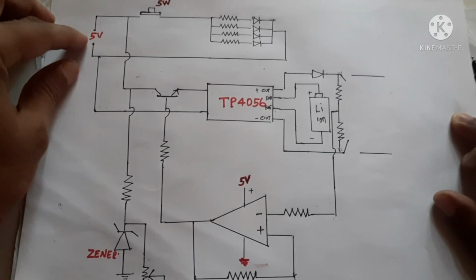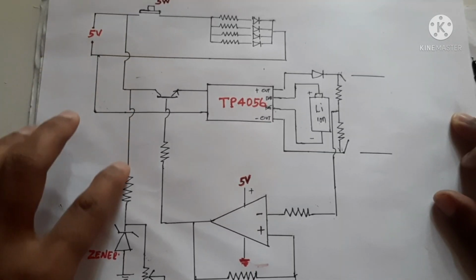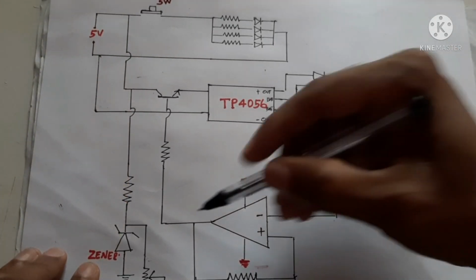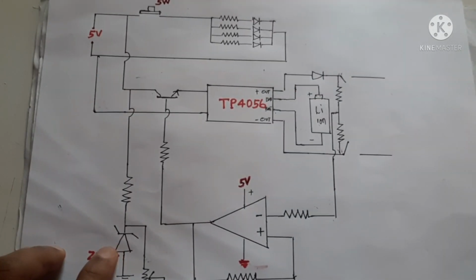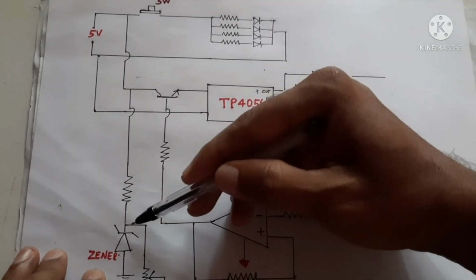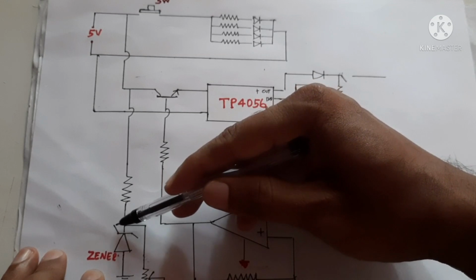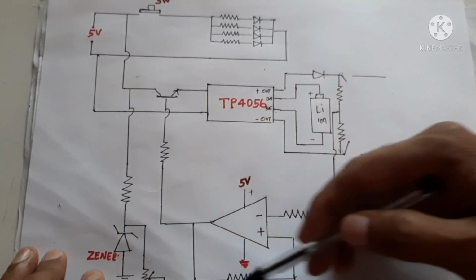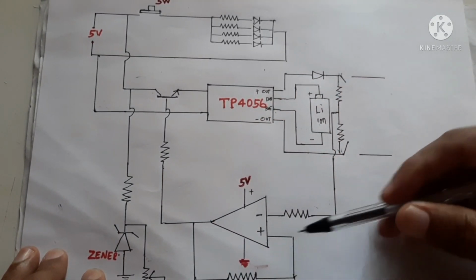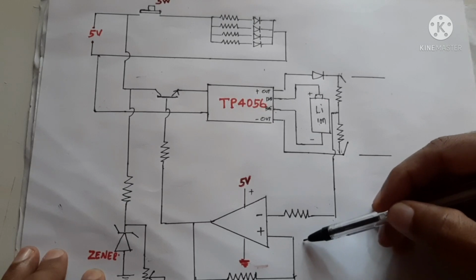When the mobile charger is connected, the plus side is taken, and we have selected a Zener diode. If the value of the Zener diode is say 1.5 volts, the reference will be 1.5 volts. The voltage will be 1.5 volt here.